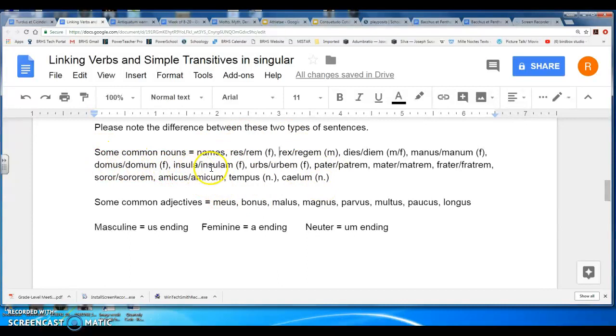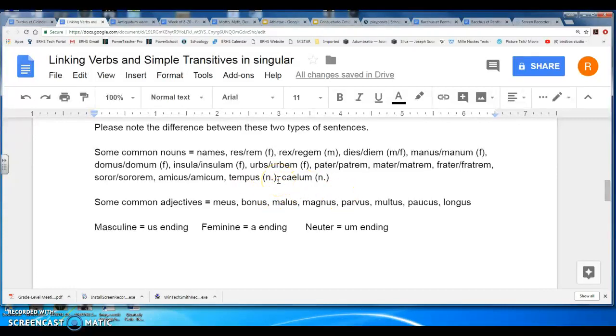Domus, domum; insula, insulam; urbs, urbem; pater, patrem; mater, matrem; frater, fratrem, etc. Tempus and caelum are the same form in the nominative and accusative because they're neuter. That's part of the neuter rule. The neuter rule says that the plurals, nominative and accusative, end in A, and the singular and plural, nominative and accusative are the same, no matter what.